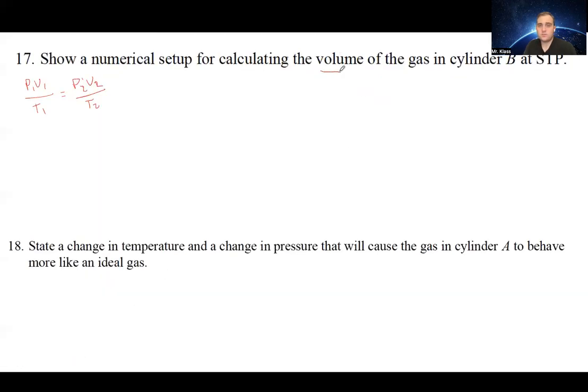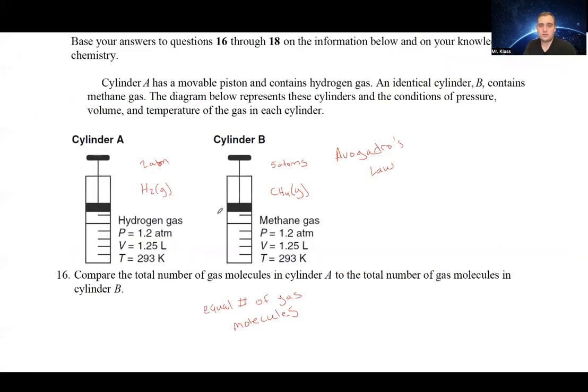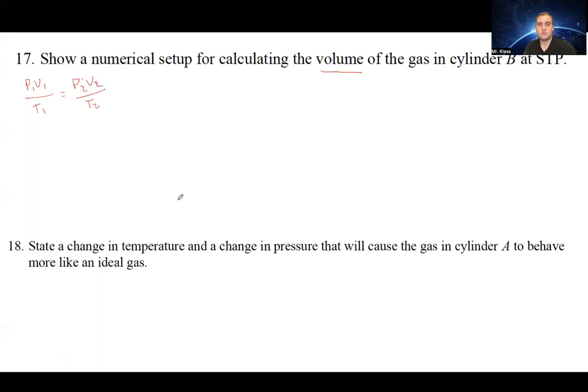We're calculating the volume, and we're looking at cylinder B, but it doesn't really matter because cylinder A and cylinder B have the same exact variables. So pressure 1 is going to be 1.2 atmospheres. Our volume is going to be 1.25 liters. Initial temperature is 293 degrees Kelvin.